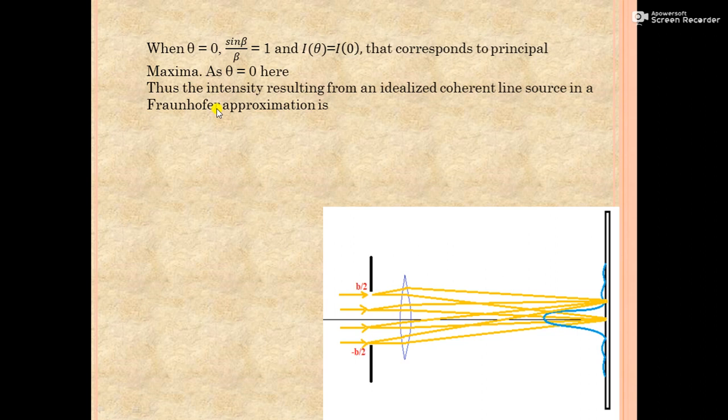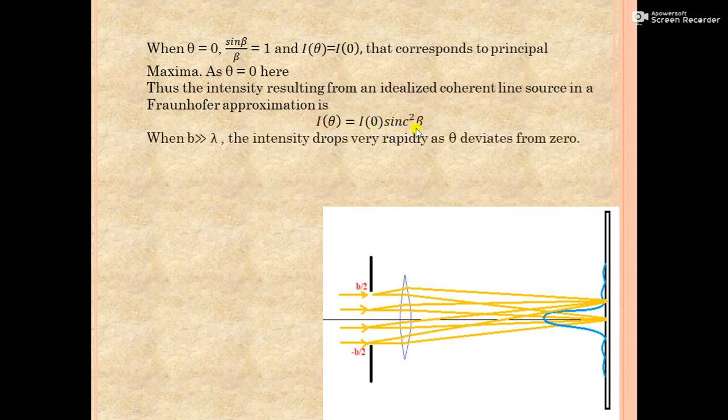Thus, the intensity resulting from an idealized coherent line source in the Fraunhofer approximation is I theta equal to I naught sin square beta by beta, and this function gives the intensity distribution like this. When b is very much greater than lambda, b being the width of the slit, the intensity drops very rapidly as theta deviates from 0.